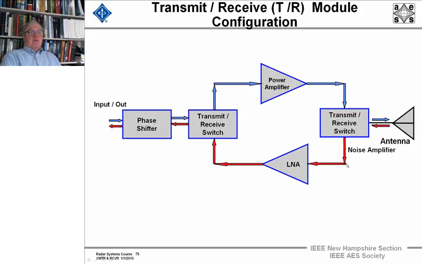When it comes back in, you have a low noise amplifier, and then it's switched to the phase shifter to have the correct phase, and then it goes out to join the myriad of N outputs. Just imagine, in the tens of thousands for those two large antennas I showed you.